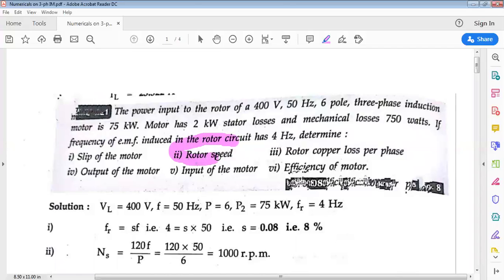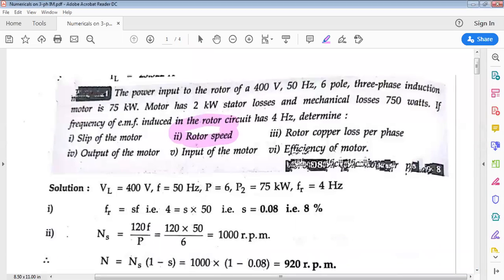We want rotor speed, which is denoted by capital N. N is equal to NS into (1 minus S). So use this formula and calculate N. Everyone getting 920 RPM. Very good. Unit is RPM, revolutions per minute.